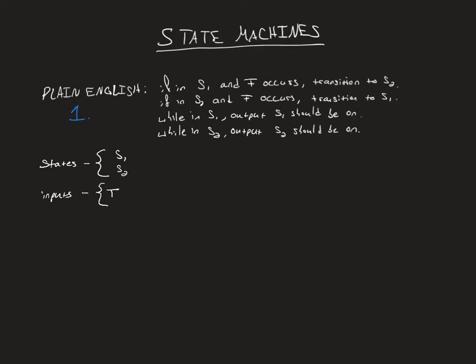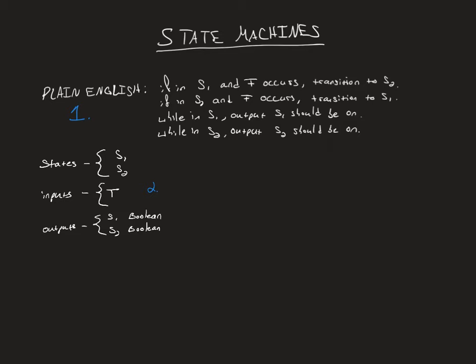All right, so we've got our inputs, T. Outputs. Outputs are actually the same as our states, right? We're going to have an output S1, which is a Boolean, and an output S2, which is also a Boolean. All right, we have now completed step 2 to defining a state machine.